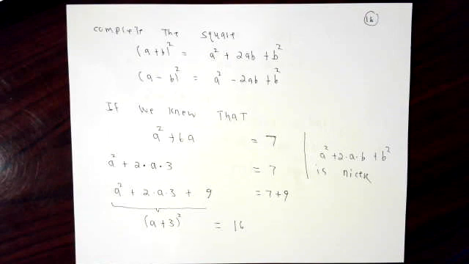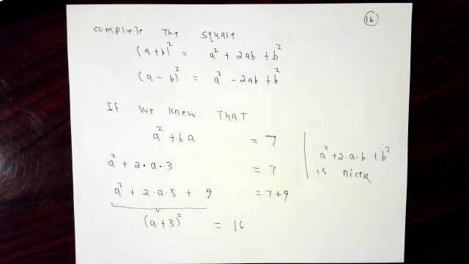And in a similar way, if you had a minus b and you wanted to square that, that always turns out to be a squared minus 2ab plus b squared. And I'm going to need these 2 facts in order to talk about completing the square. Oh, and if you don't believe these 2 facts, write a plus b multiplied by a plus b and do the FOIL method on it. You'll see that it's true.